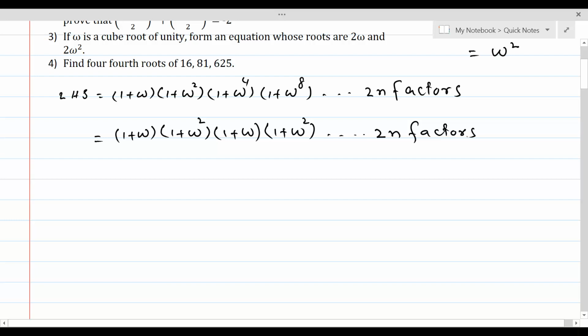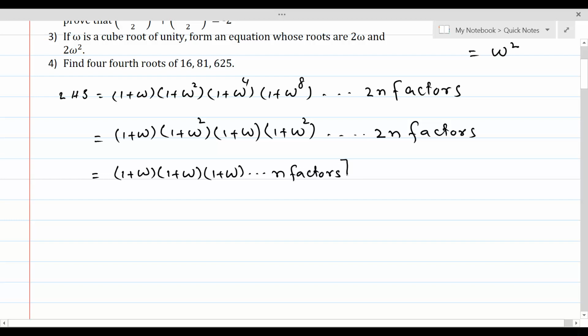If we take a look at the pattern, 1 plus omega and 1 plus omega square are alternating. So if we split 2n factors into n factors of 1 plus omega and n factors of 1 plus omega square, we can write this product like this: 1 plus omega times 1 plus omega times 1 plus omega, so on up to n factors.